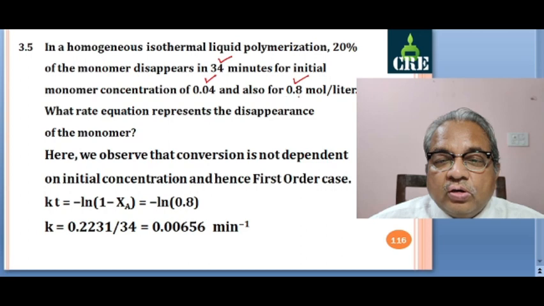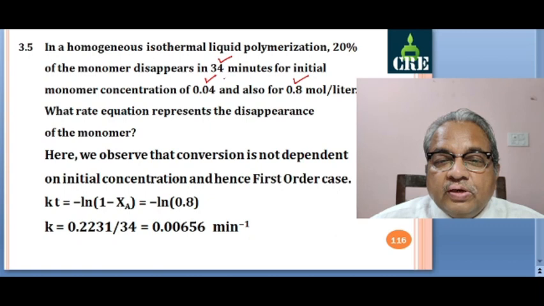If you start with 0.8, for 20% conversion it takes 34 minutes. If you start with low concentration 0.04, again for 20% conversion it takes exactly 34 minutes. What rate equation represents the disappearance of the monomer?